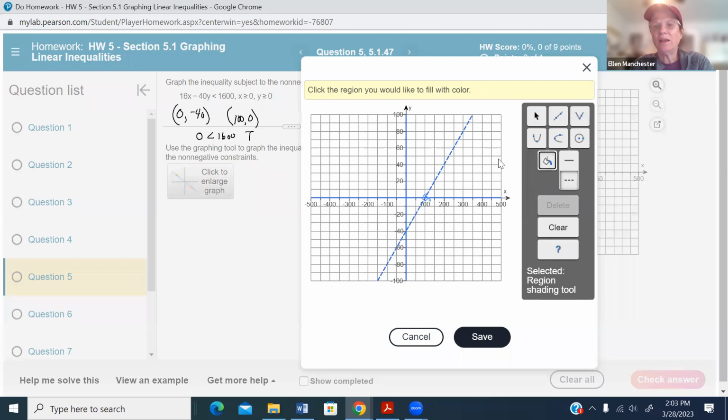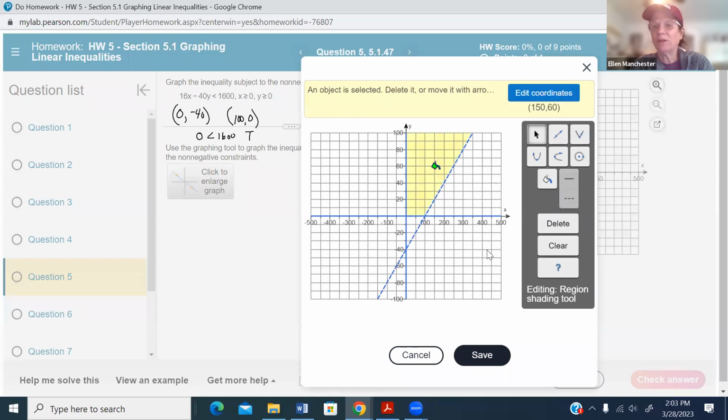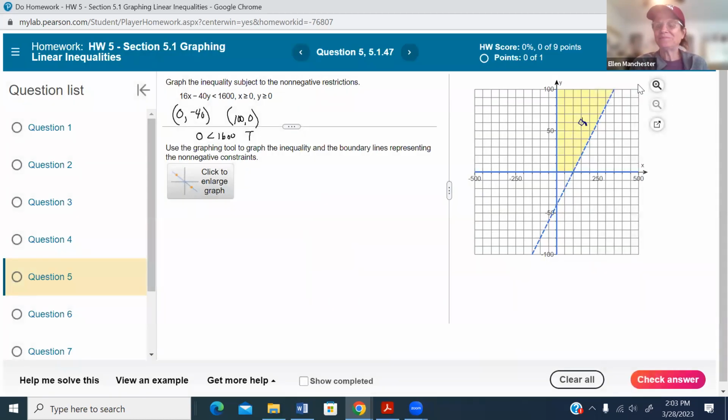There it is. And then I shade and it restricts it. Okay, that's how you do that. So whenever there's restrictions, do your vertical and horizontal x and y axis first, and then graph your line. That's it.